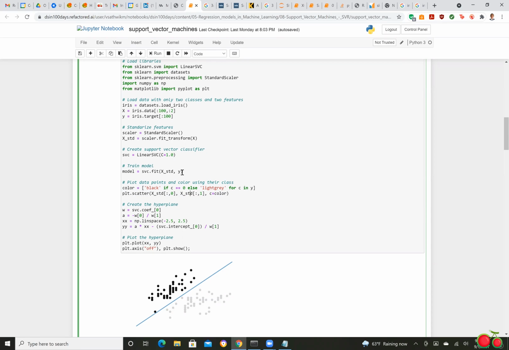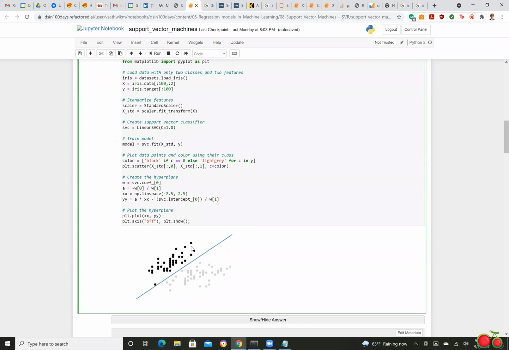Depending upon what my label is, I am coloring them. If it is 0, I'm coloring them black, if it is 1, otherwise. So this code is basically that: if C equals 0, it's black, else it is light gray. And that's how these couple of points I end up coloring as black, and these couple of species I end up coloring as light gray.